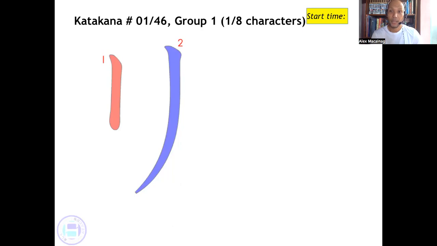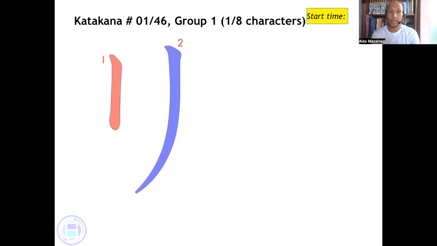Okay, it looks like a hiragana character that we already studied, right? Again, each hiragana character corresponds with a katakana character. Actually, katakana is a simpler version of hiragana.